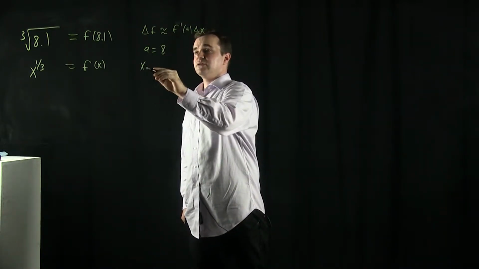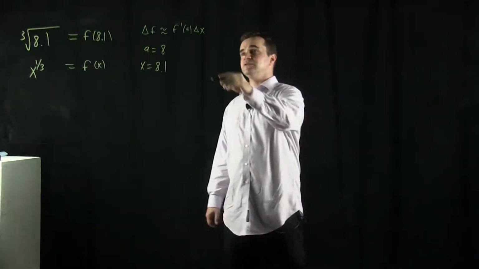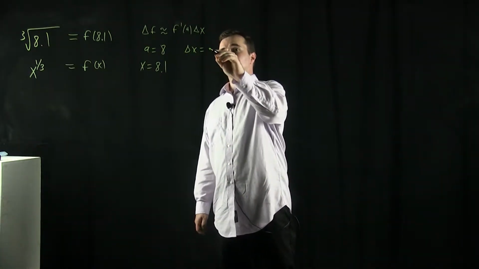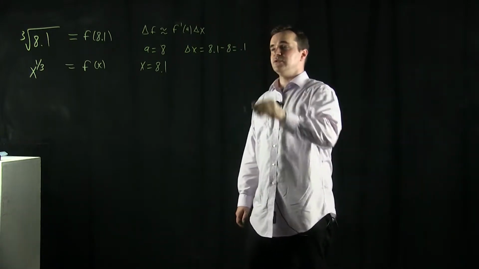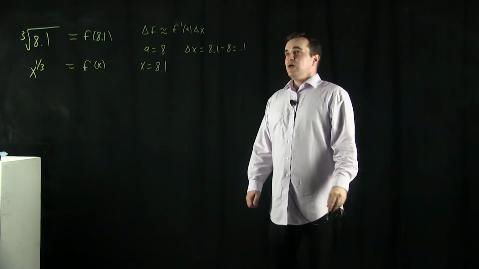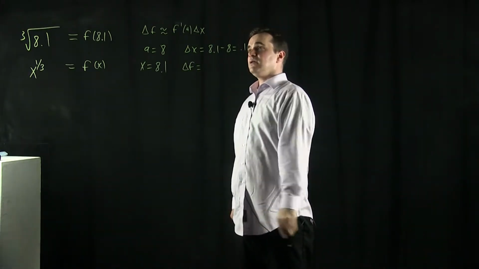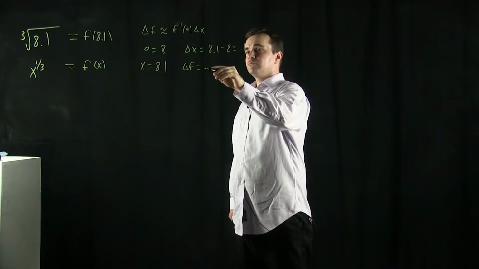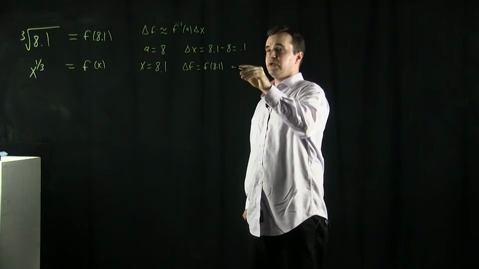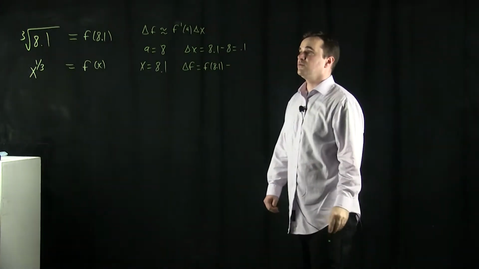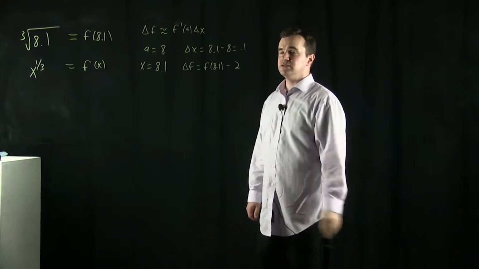I'm going to take x equals 8.1, and so delta x equals 8.1 minus 8 equals 1/10 or 0.1, and then delta f equals, well, it's equal to f of 8.1. That's what we want to approximate, minus the cubed root of 8. So the cubed root of 8 is equal to 2.